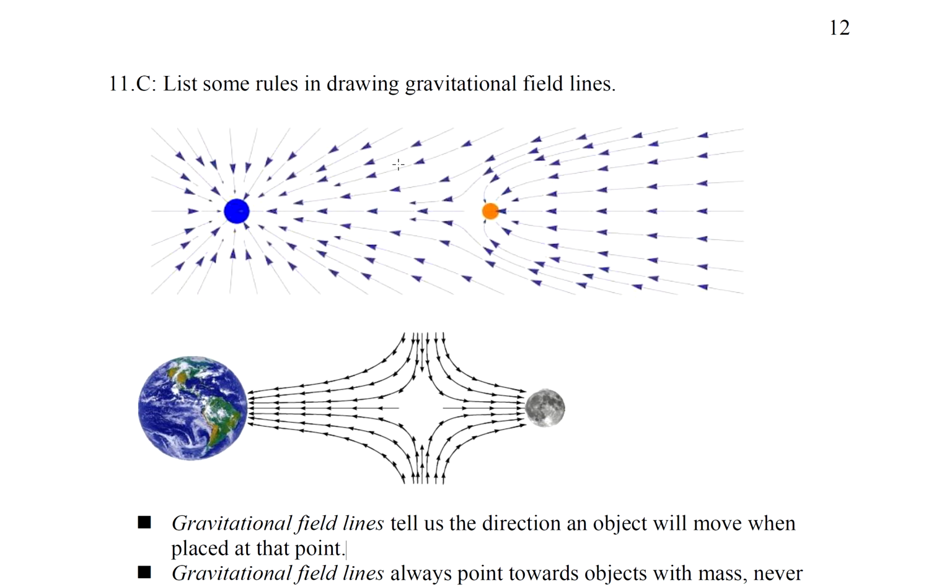The arrow tells you the direction in which that object moves. Looking at this top image, the blue object has more mass than the orange object, because if you look between the blue and the orange, more lines go towards the blue.